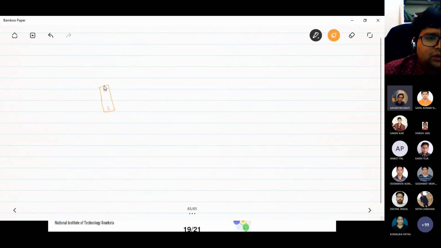From the north pole, your magnetic field will come out and go into the south. You have lots of flux lines there. Flux lines are basically imaginary paths.